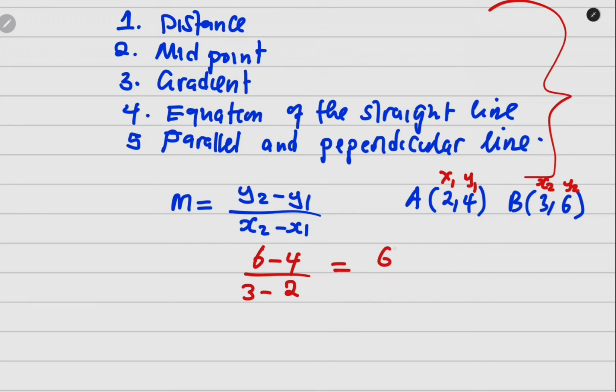So in this case, you're going to have on top a 2 over, this is just a 1. So the gradient here is a 2. So this is how you find the gradient when you are given 2 points. But as we go on, we are going to look at another way of finding the gradient in the case you are given an equation, but we are yet to see that particular part.